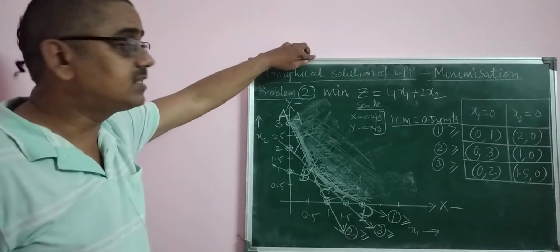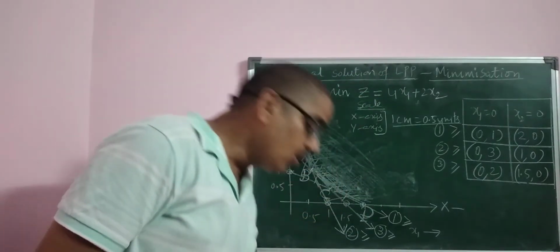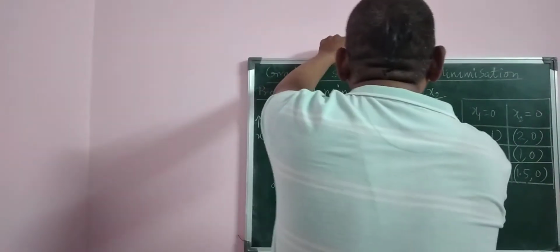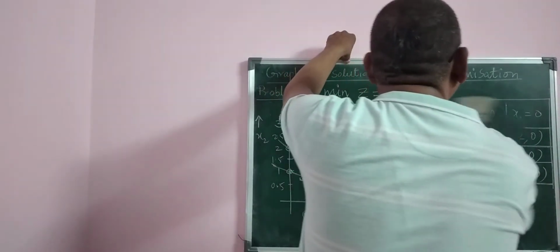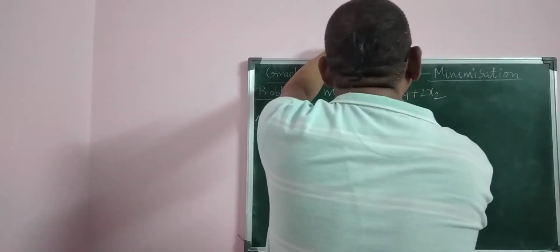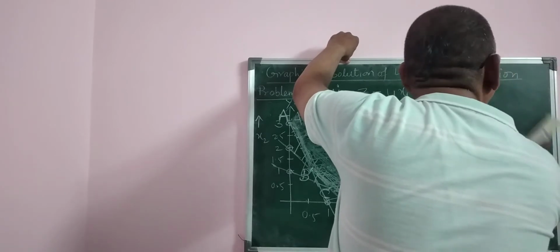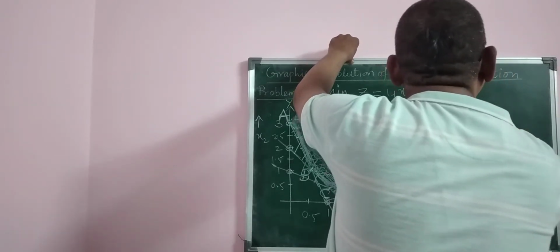Now this A, B, C, D is an unbounded common region. Why am I specifying this as a feasible region? I will tell you the strong reason after calculating the objective function.